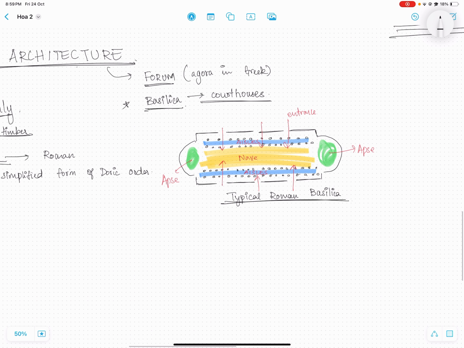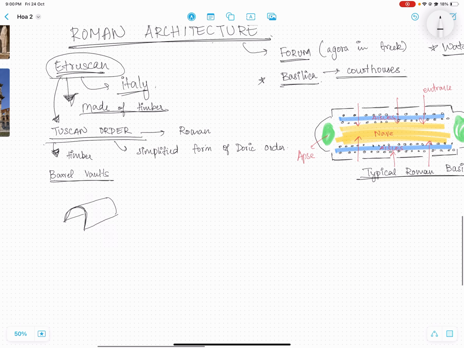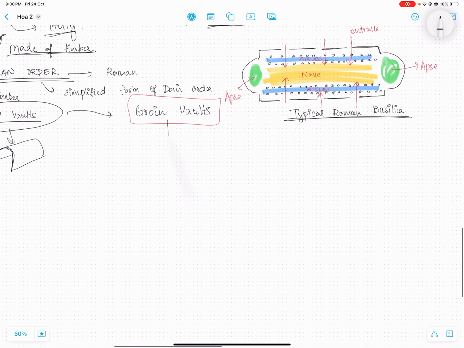Then the Romans had a waterproofing system. They had nice waterproofing, and from the barrel wall they invented the groin walls. So what are groin walls? These are nothing but the intersection of two barrel walls.